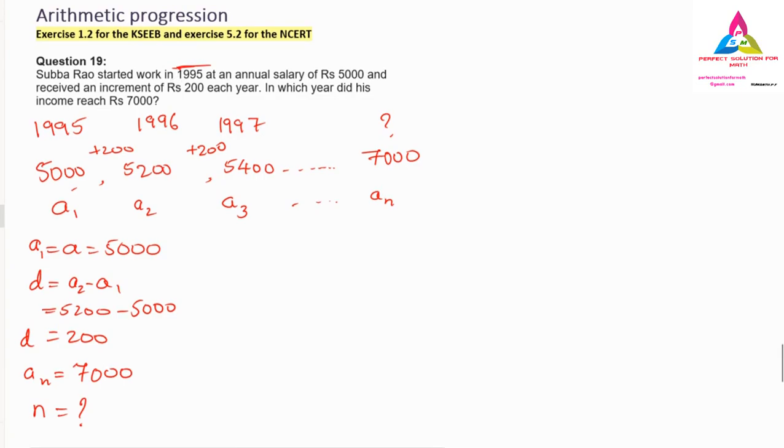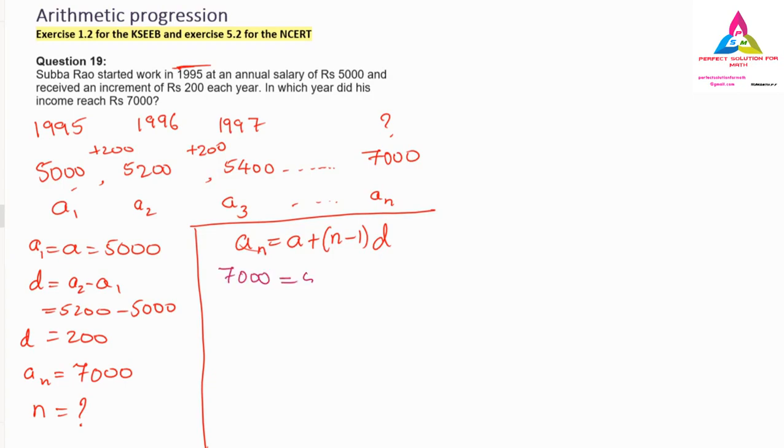We know the formula: an is equal to a plus n minus 1 into d. We have to substitute the values in this and find how many years it is. So the n value you have to find, and the an value we already know, that is 7,000.